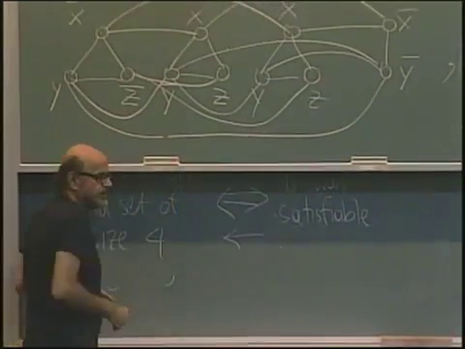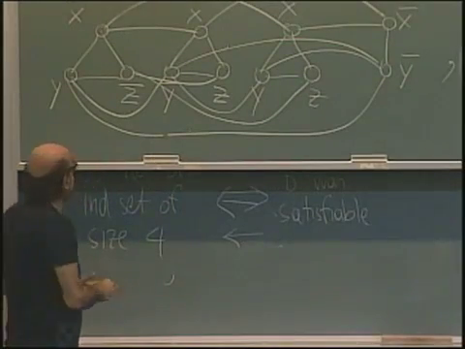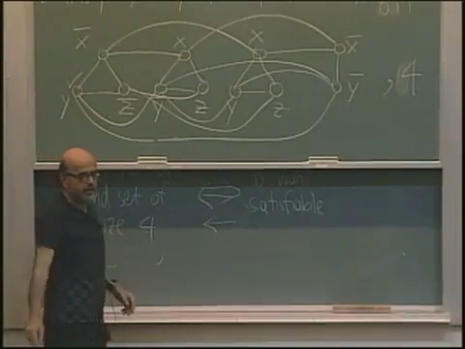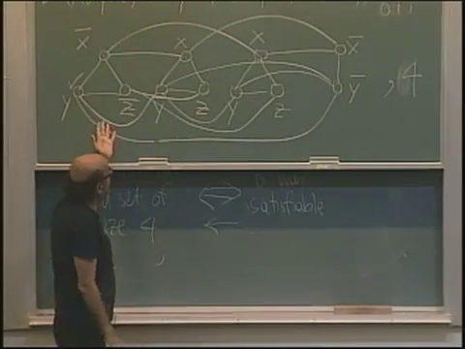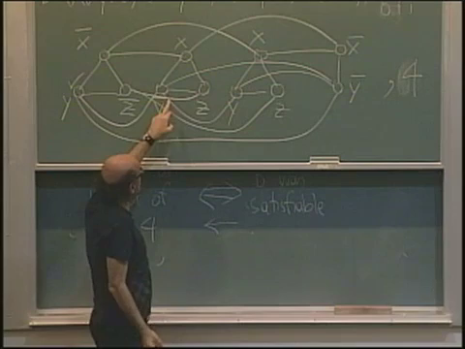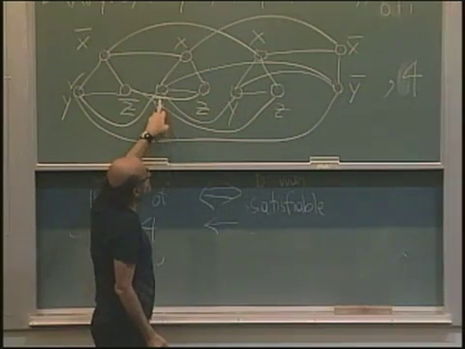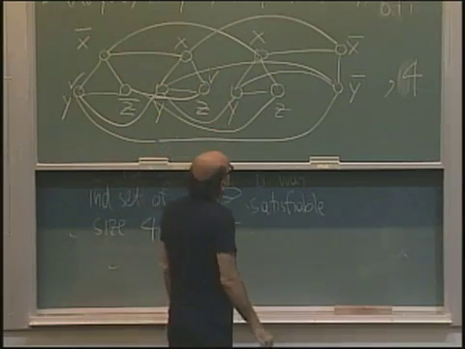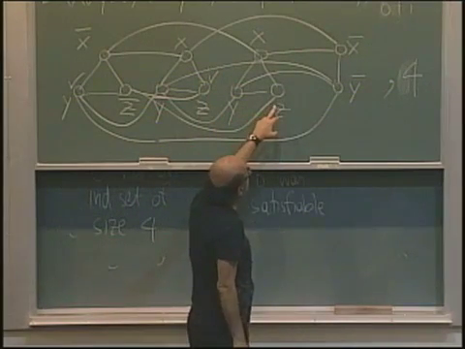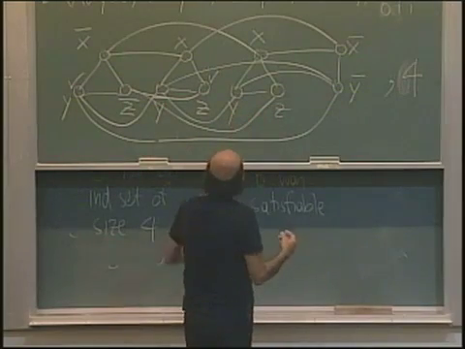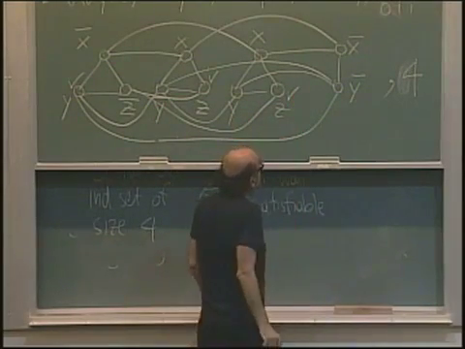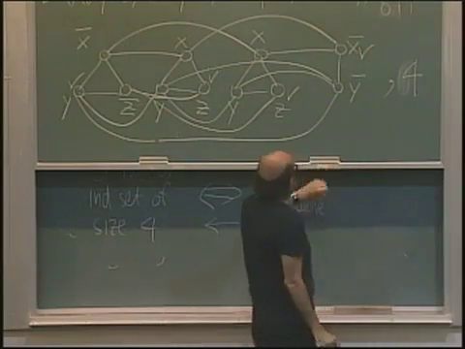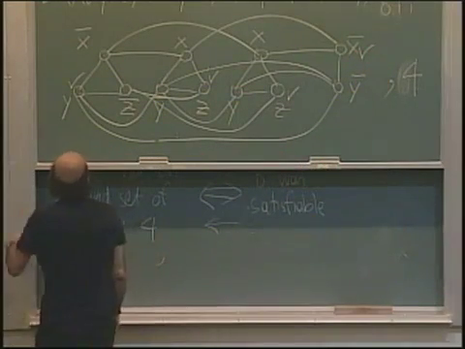So I pick this guy. It satisfies the second one. Why does it satisfy the second one? I guess because of Z, right? So I pick this guy. Why does it satisfy the third one? Because of Z, let's say again, right? And why does it satisfy this one? Because of X. So these are the 4 nodes I pick.